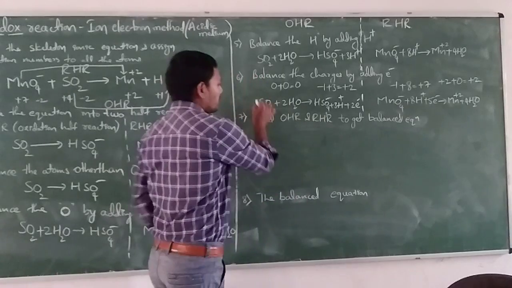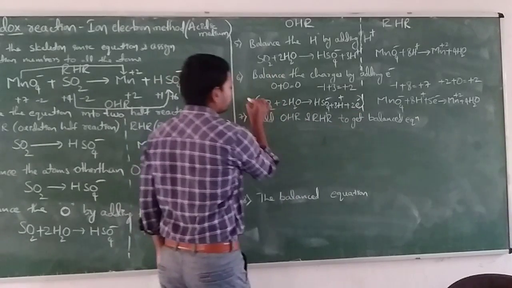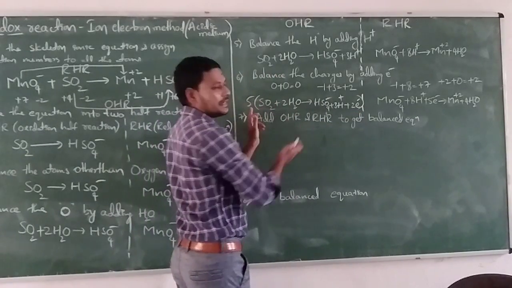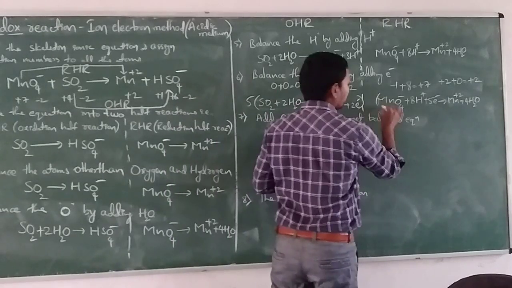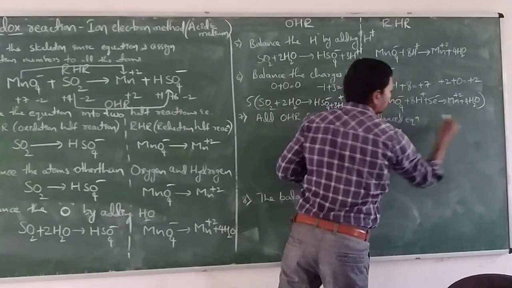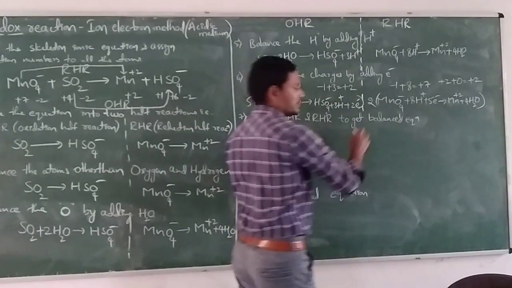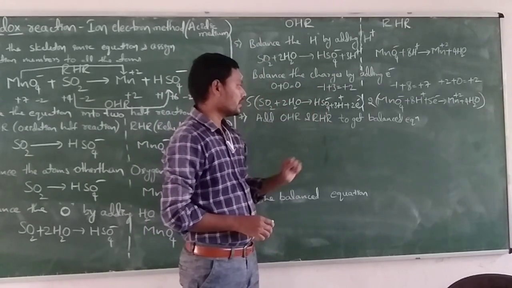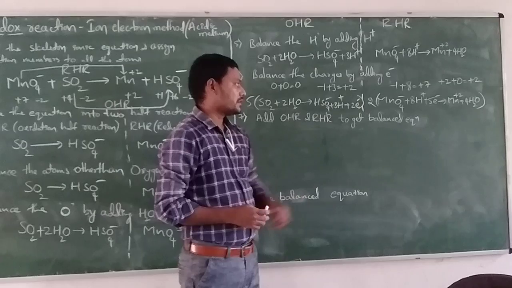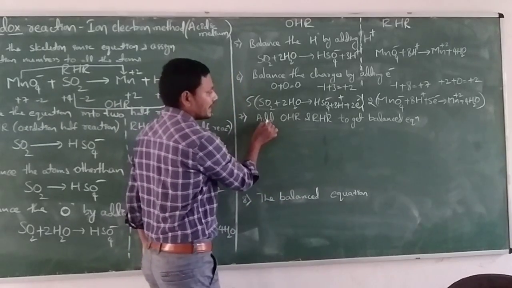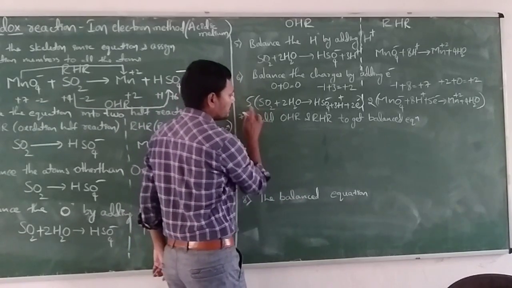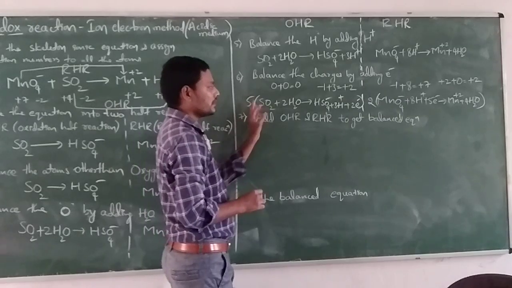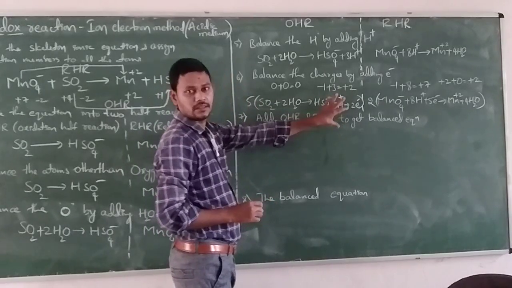So I multiply with 5, then it will become 10 electrons. Here I am multiplying with 2, then it will become 10 electrons. Like that, the number of electrons should be the same in OHR and RHR to get a balanced equation. Then we can add.